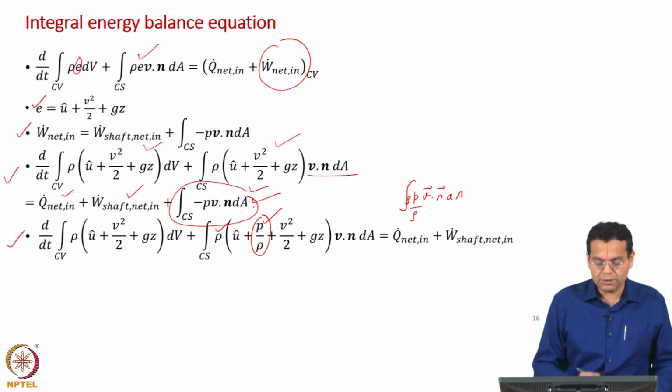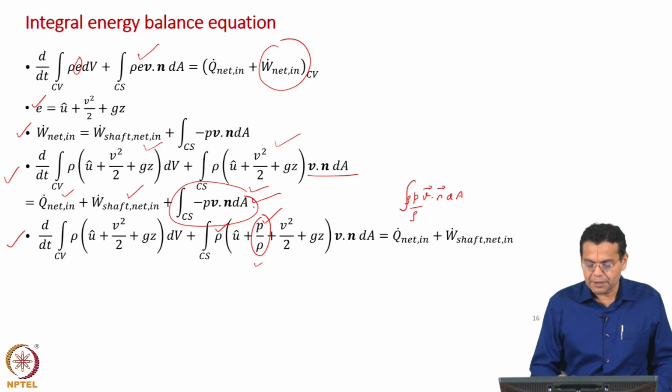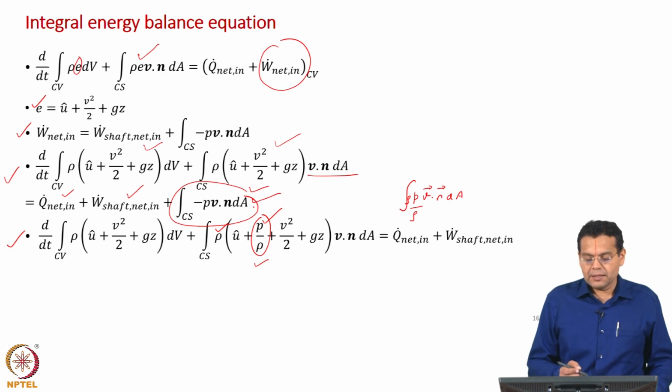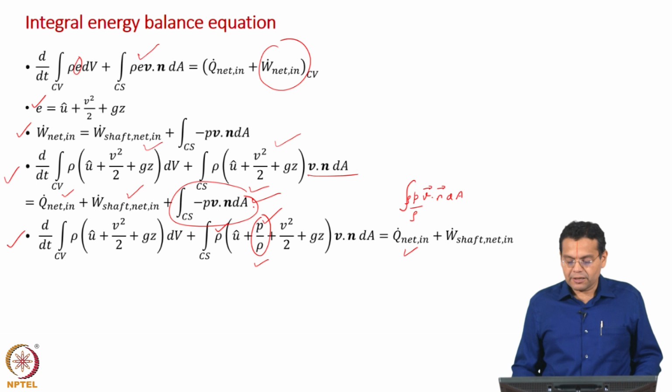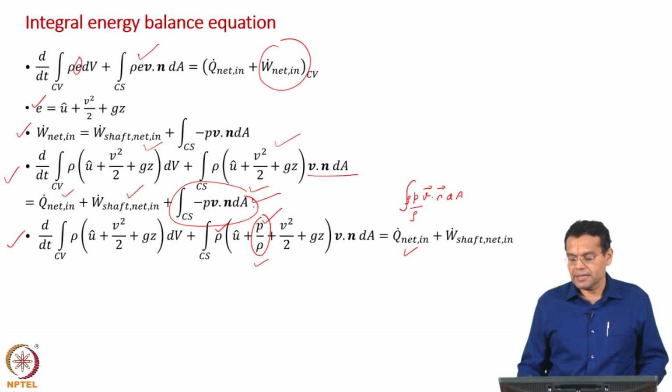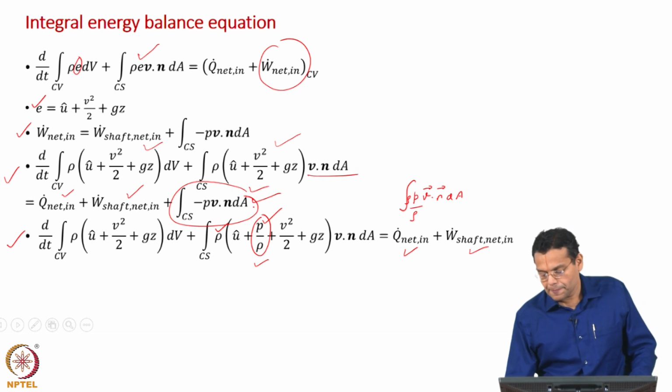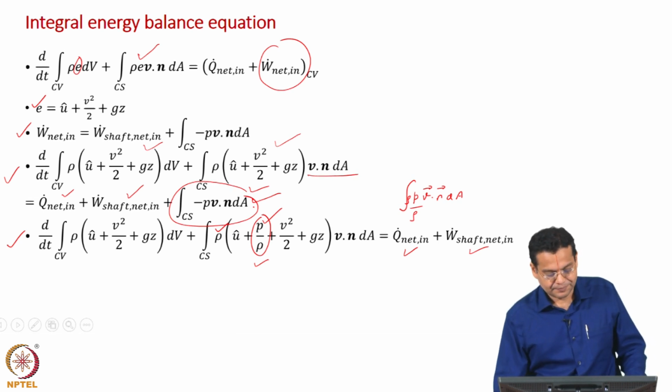Comparing these two equations, the only change is that this P by rho has come to the convection term, and on the right hand side we have the rate of energy addition by heat transfer and rate of shaft work term.